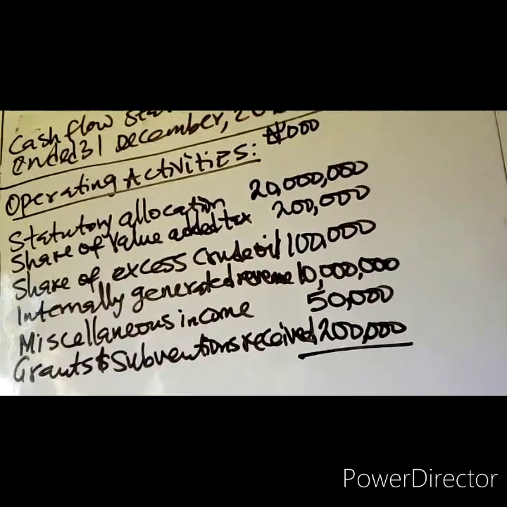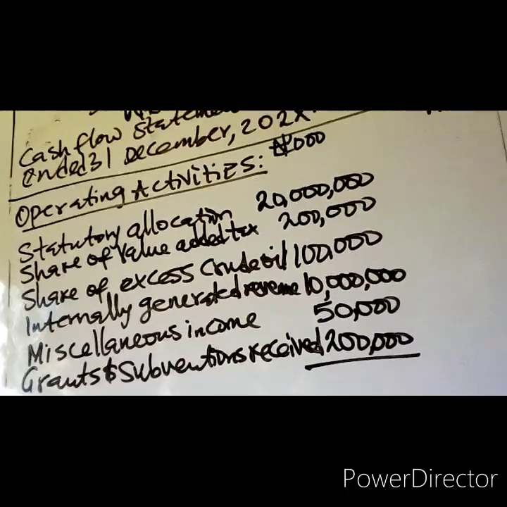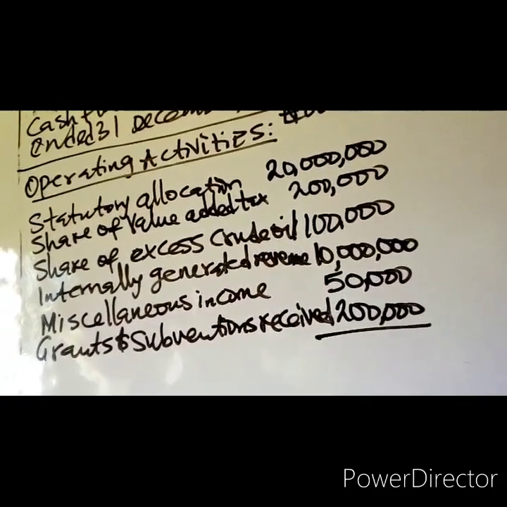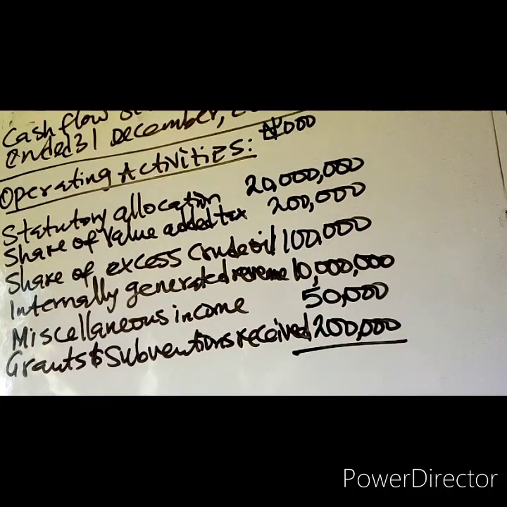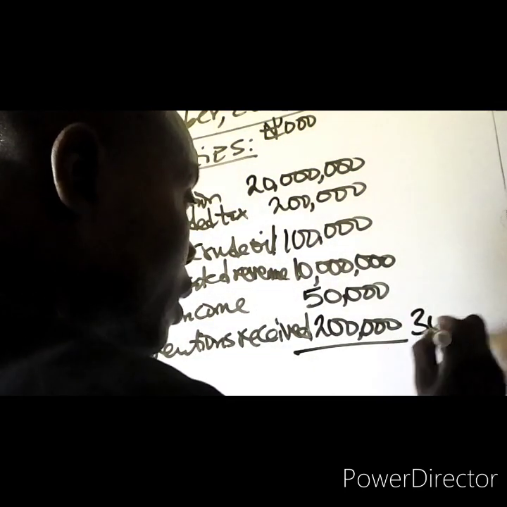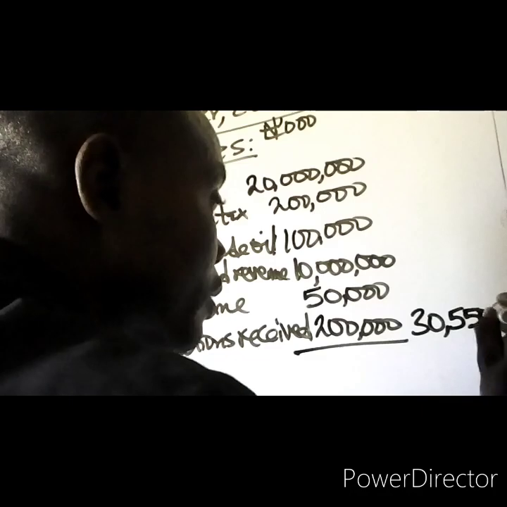So we have 20 million plus 200,000 plus 100,000 plus 10 million plus 50,000 plus 200,000, and the total revenue is 30,550,000. That is the total revenue.